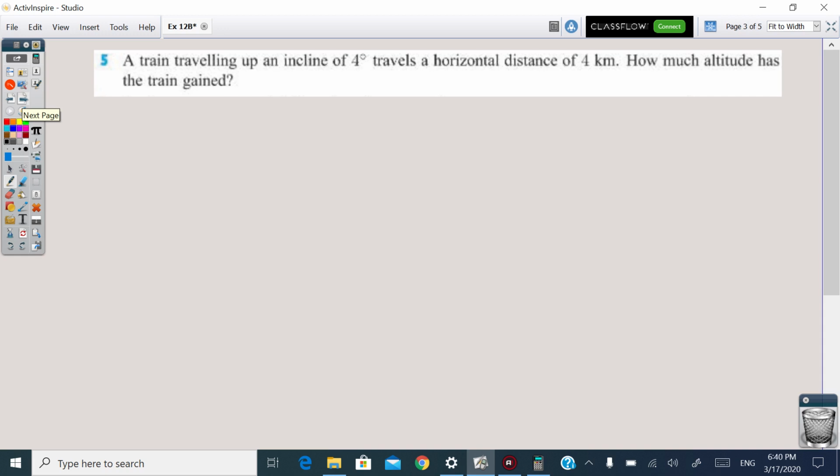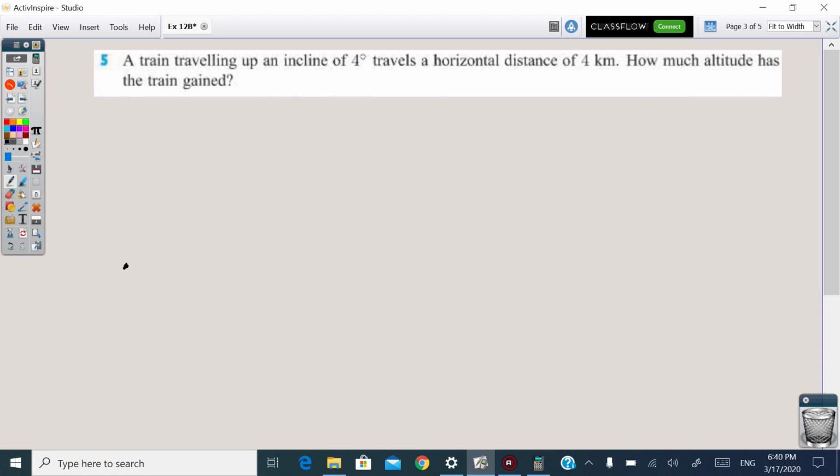Now this is an interesting question, and it requires a bit of understanding before we begin. A train traveling up an incline of 4 degrees travels a horizontal distance of 4 kilometers. How much altitude has the train gained? We can understand the question by appreciating that motion sometimes is made up of two components, i.e. two parts.